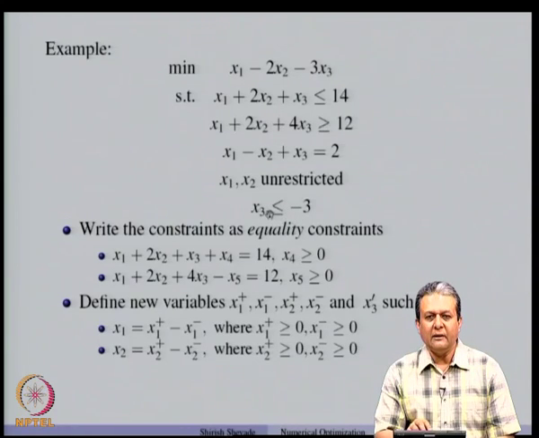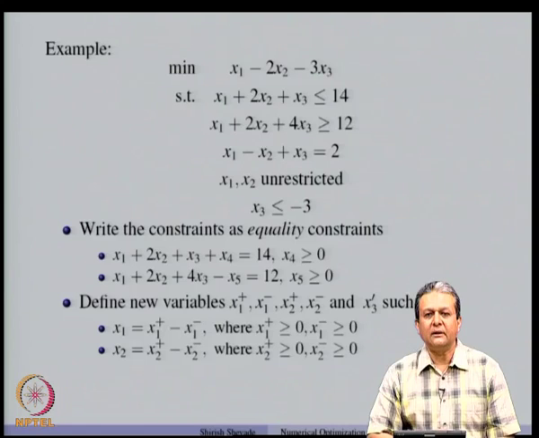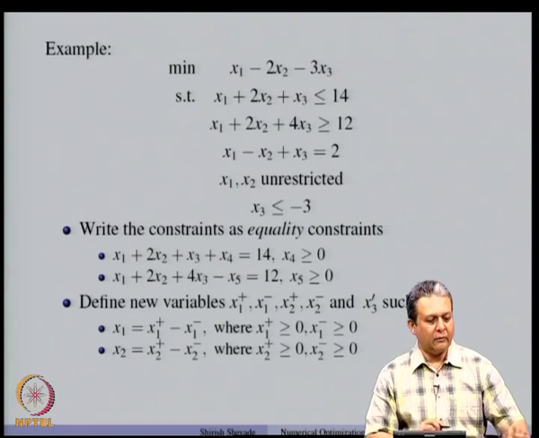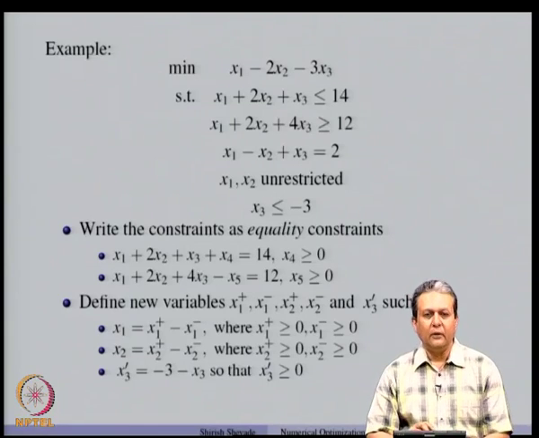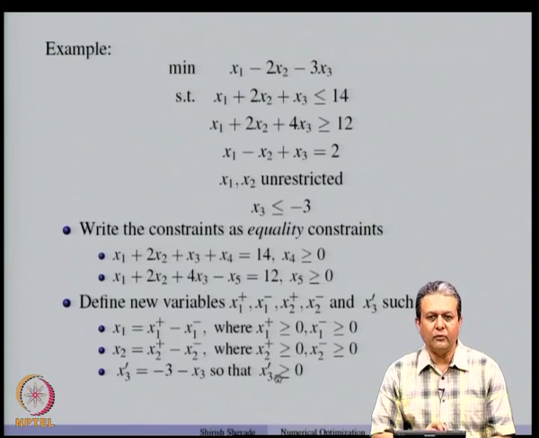We can rewrite this constraint x3 less than or equal to minus 3 as minus 3 minus x3 greater than or equal to 0, and therefore, if we define a new variable called x3 dash such that x3 dash is equal to minus 3 minus x3, then naturally x3 dash will be greater than or equal to 0.